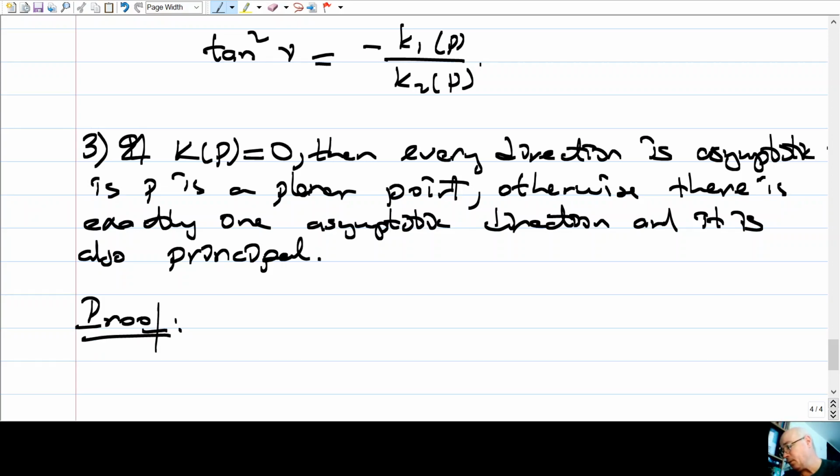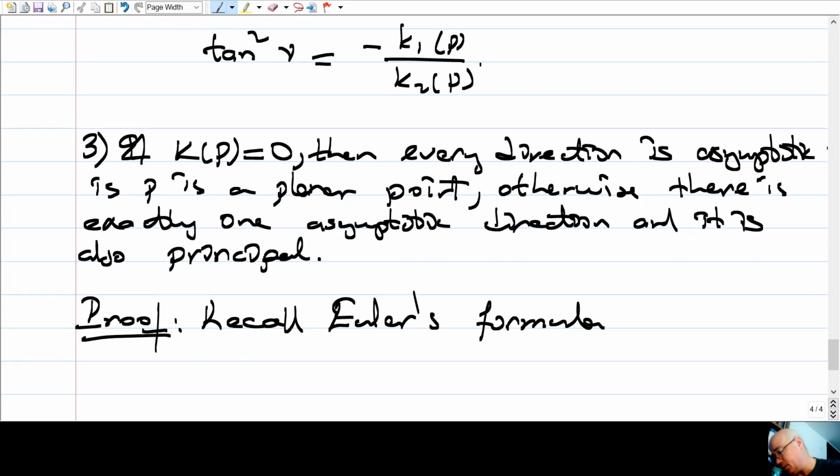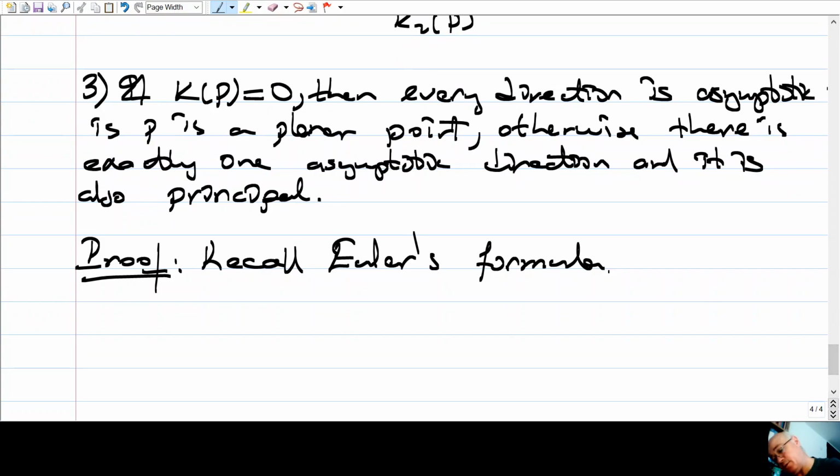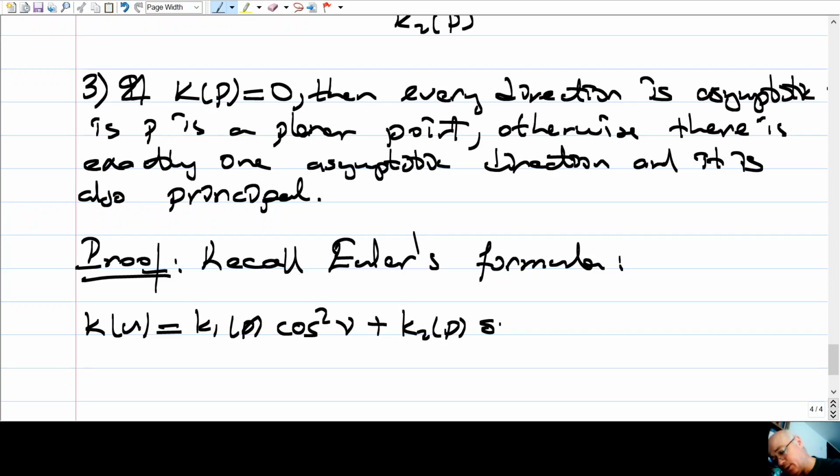Proof. Well, recall Euler's formula for principal curvatures. Remember, Euler's formula is this: k1 cosine squared nu plus k2 sine squared nu.